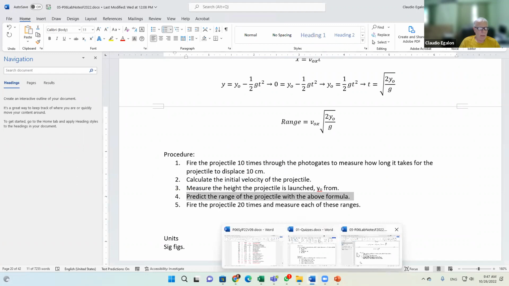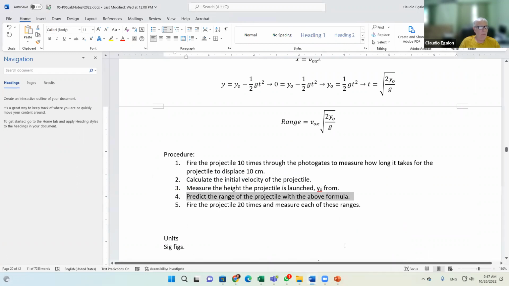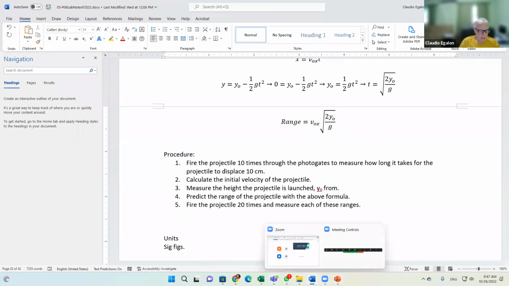Going back to our lab notes, right here, we found the initial velocity, we measured y0, and we know that g is 9.8, and that's going to be our theoretical value for the range. Then fire the projectile 20 times and measure each of these ranges.